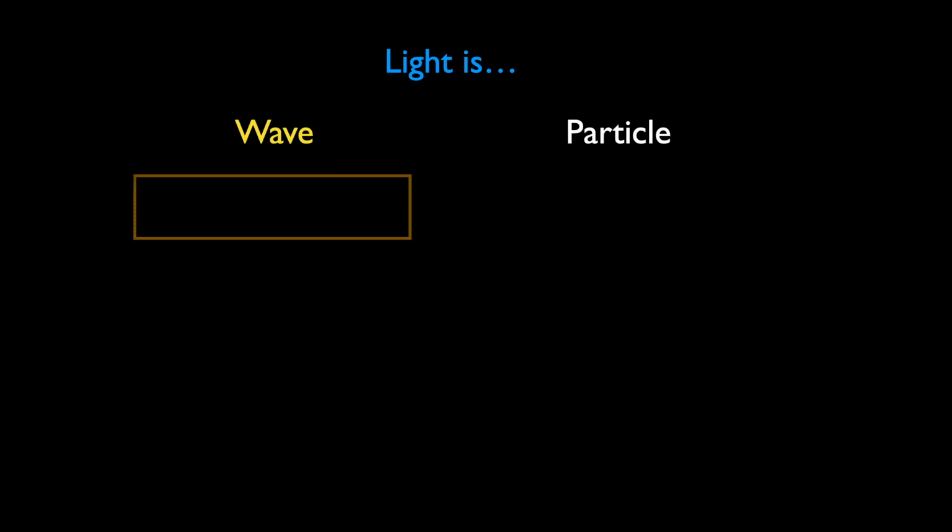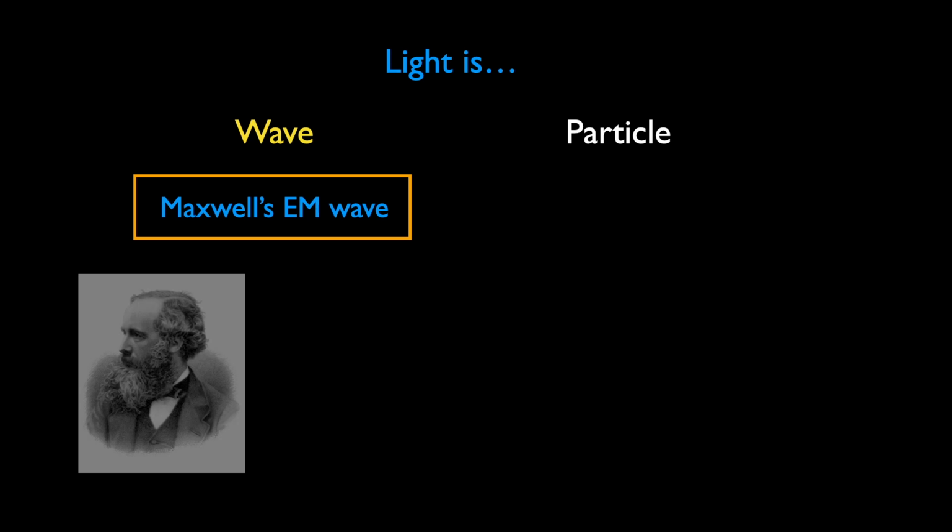The idea of wave-particle duality comes from investigations into the nature of light, whether light is a wave or a particle. In classical physics, light is described as an electromagnetic wave, which is derived from Maxwell's equations of electrodynamics.